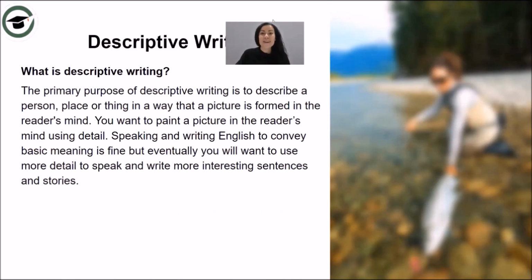So with our person, place, or thing, we want to form a picture in the reader's mind. We want to paint a picture in whoever's reading our stories' mind using detail.